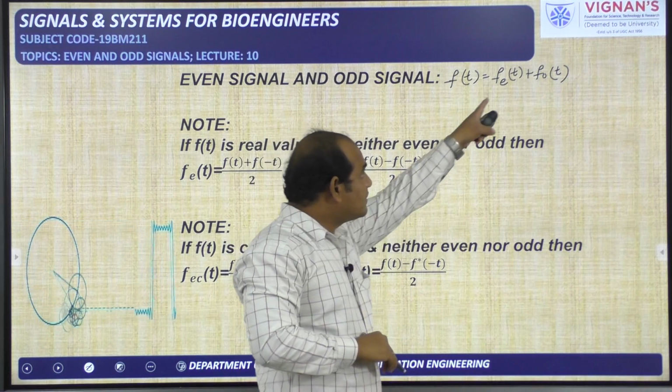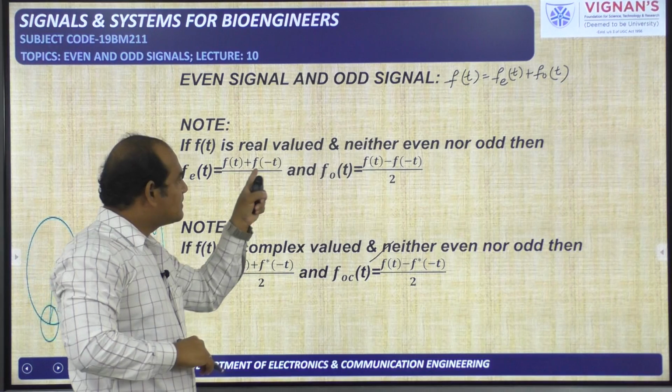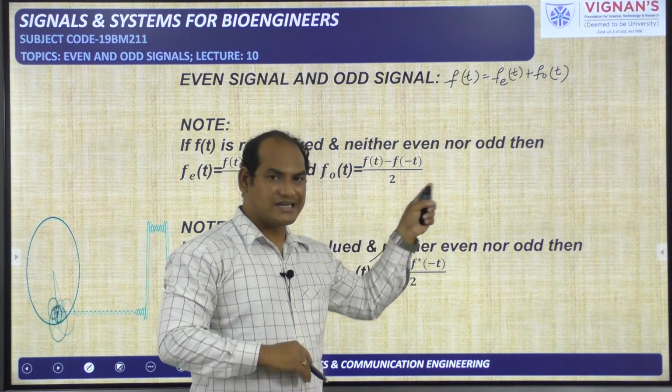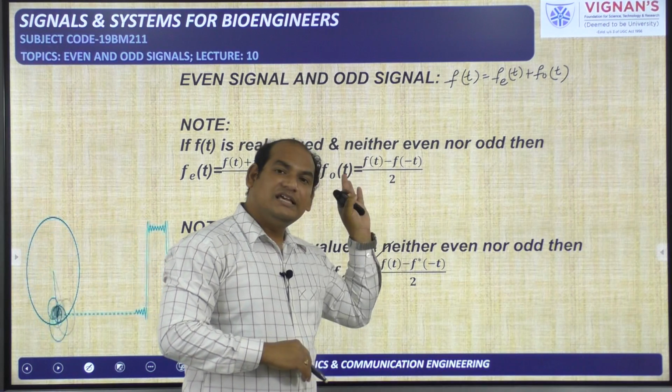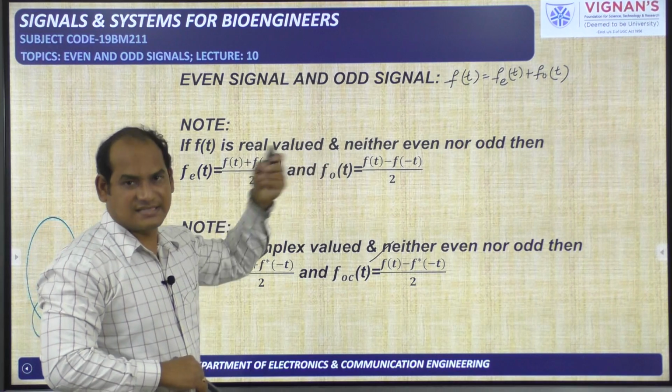The even part is given by f e of t equal to f of t plus f of minus t by 2, and the odd part is given by f of t minus f of minus t by 2. Now what are the equations for f e of t and f o of t when f of t is a complex signal?